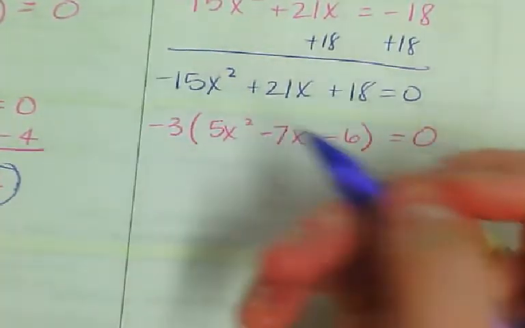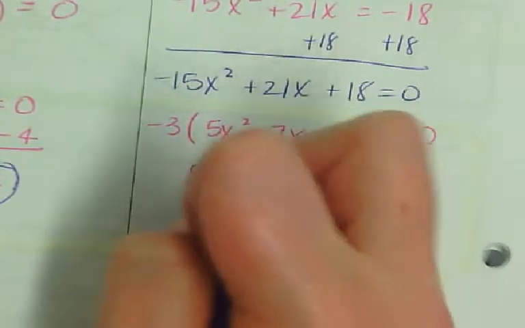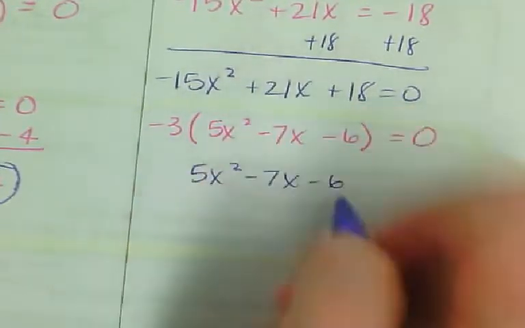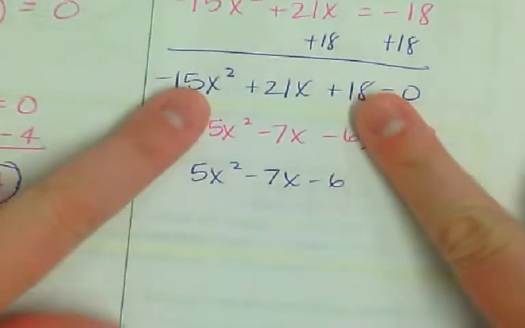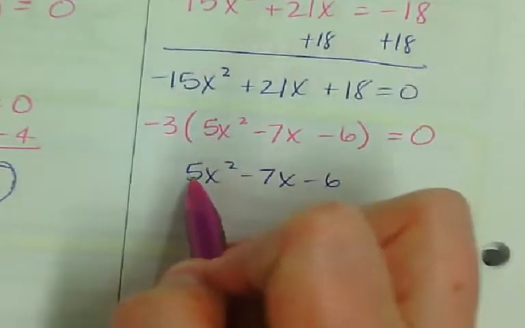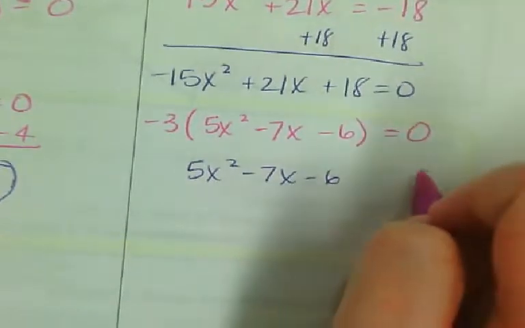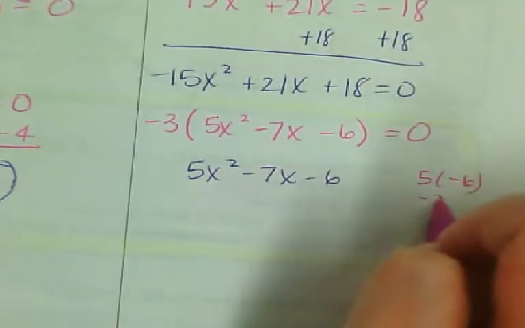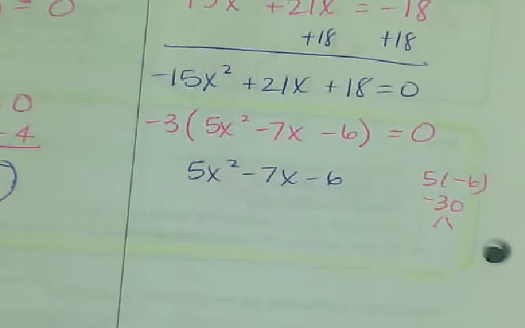So I can come down here. Some people like to just rewrite this part and just deal with this part, so you're ignoring all this other stuff. You don't have to. It's kind of up to you. I'm going to multiply a and c, so it's 5 times negative 6, which gets me negative 30.